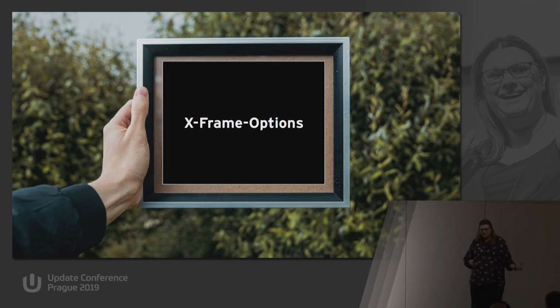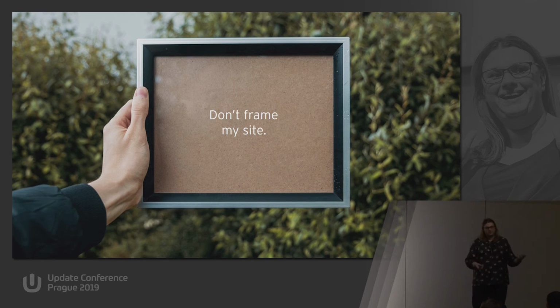You can state the same thing there, but since these are something that the browser needs to implement, there are a lot of browsers that haven't implemented all of CSP yet, so you should add this as well to be compatible with all the browsers. What we really want to tell the browser is: don't frame my site. Don't add my site inside of a frame, either on my own page or at someone else's page.